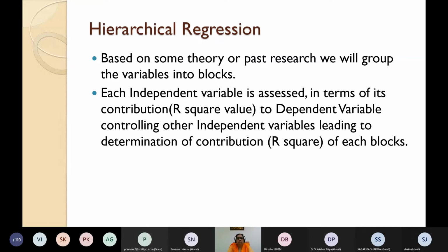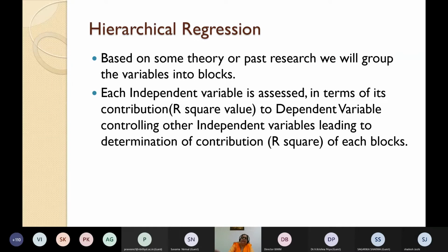Again, based on some theory or past research, first we group the variables into different blocks. And like stepwise regression, hierarchical regression is a sequential process which involves the entry of predictor variables into the analysis.